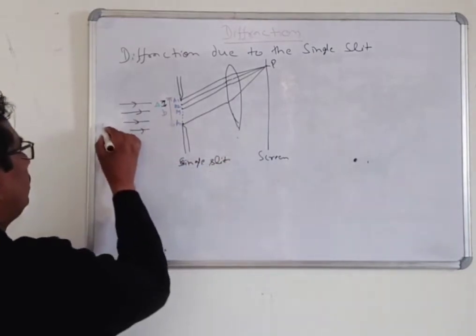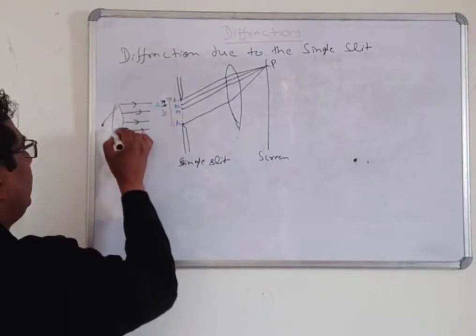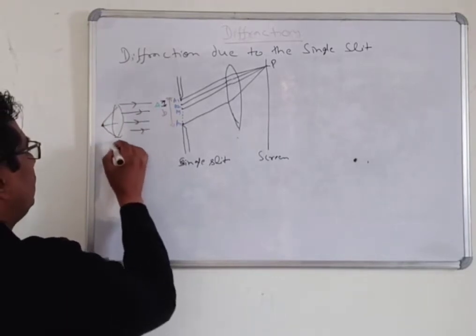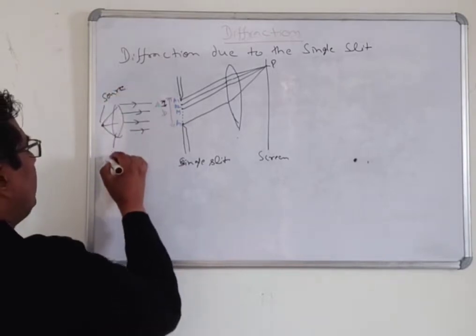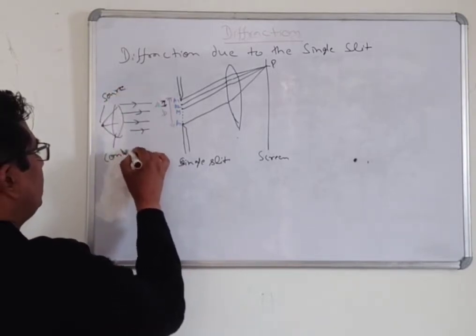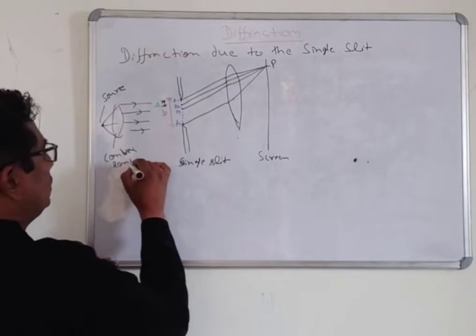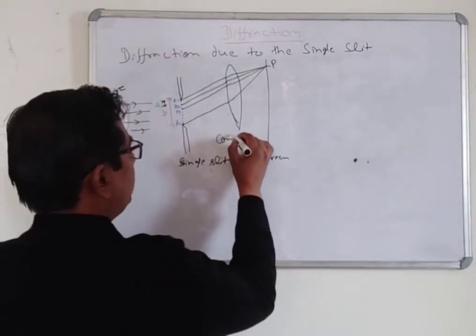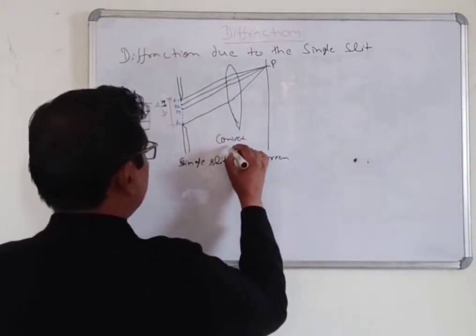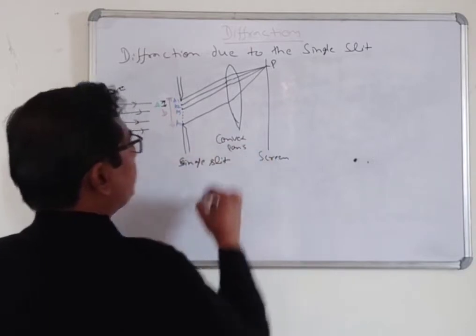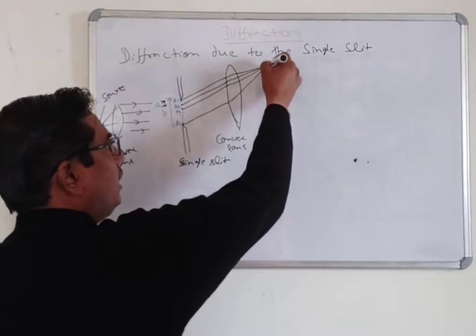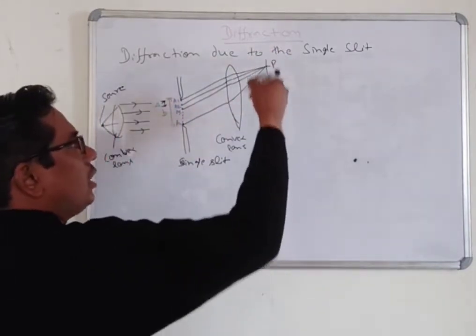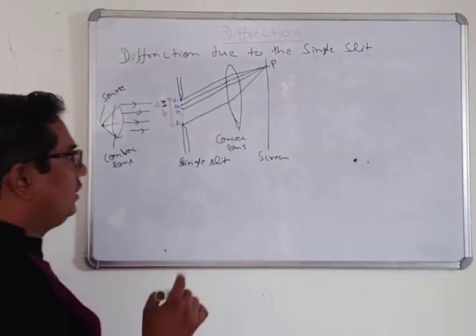Here will be the source. Using a lens like that, here is the source. It will be a convex lens. Here is also a convex lens. Now, the question is what will be the resultant intensity or nature of the wave at that point?